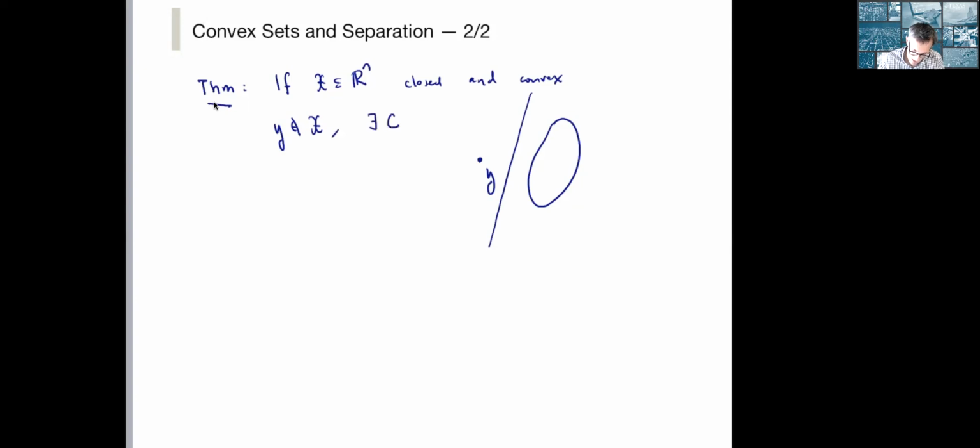There exists a vector c such that c transpose y is strictly less than c transpose x for every x in my set X. And this is a strict inequality, and that's quite important. Note, if I didn't have strict inequality, it would be easy to guarantee this: I could just take c to be the all zeros vector. So this is the main result that we're going to prove in this lecture.